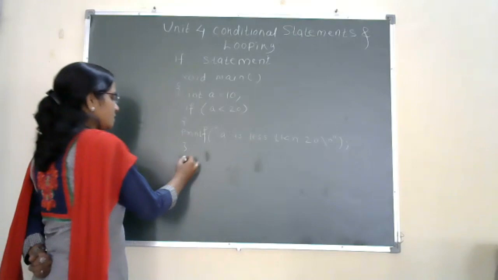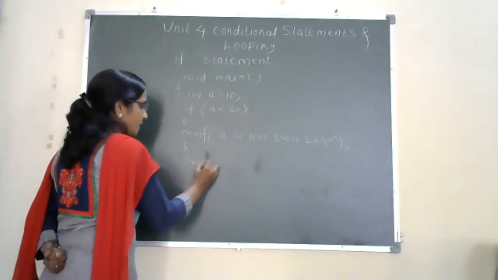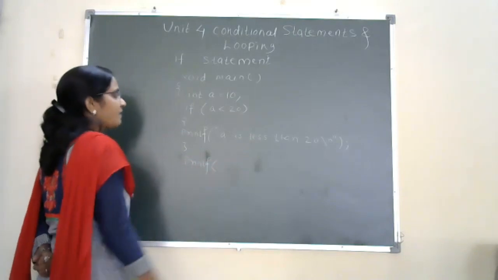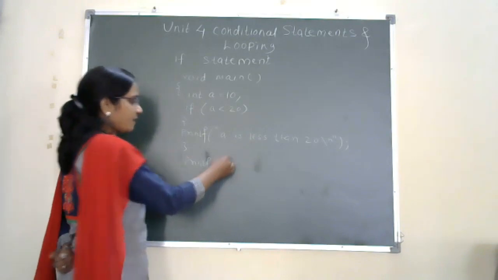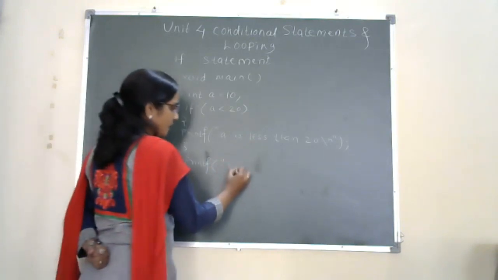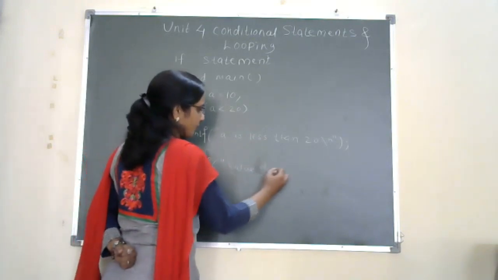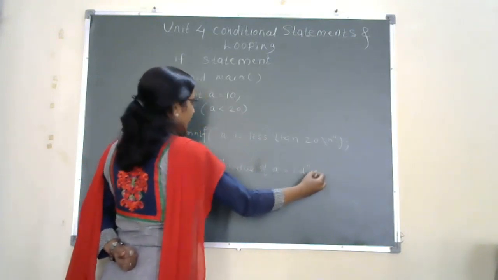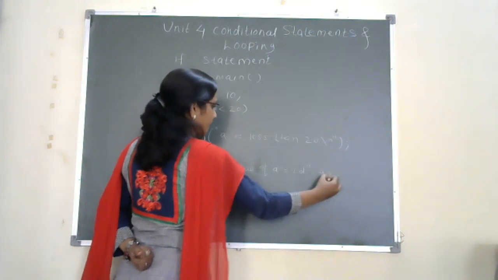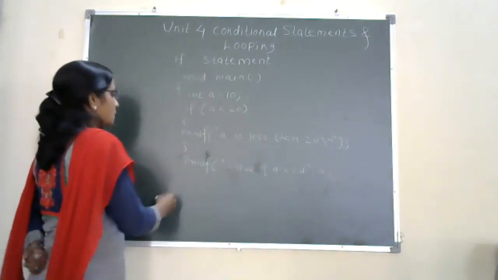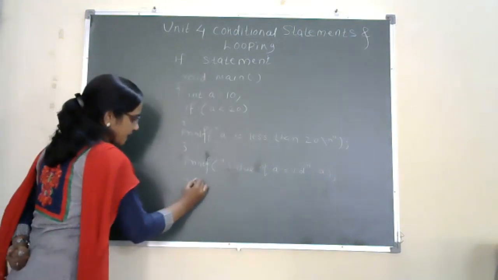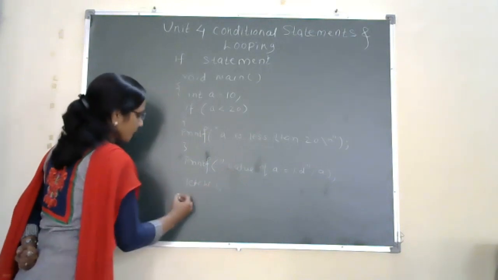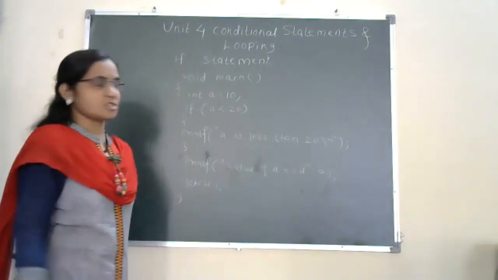And after that, if the condition becomes false, then I display the value of a. So how to display the value of a? Just by printing the message "value of a is equal to %d" and then a. And getch, and this is the termination of your main function.